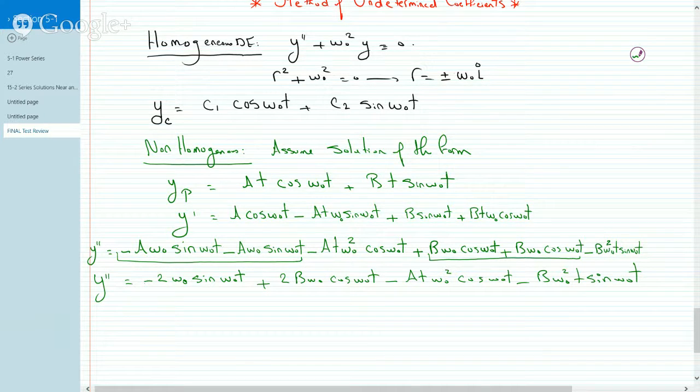And now, after we did this massage, we will plug everything back into the differential equation.